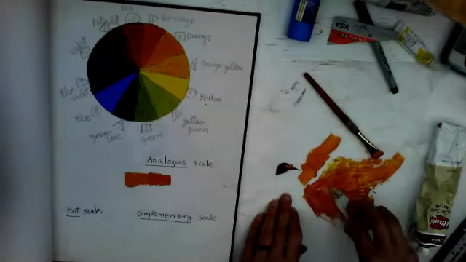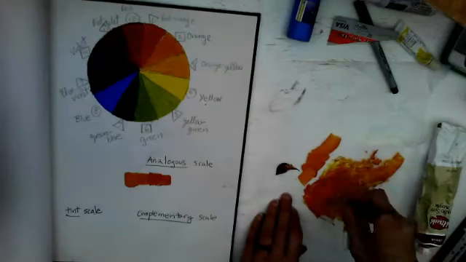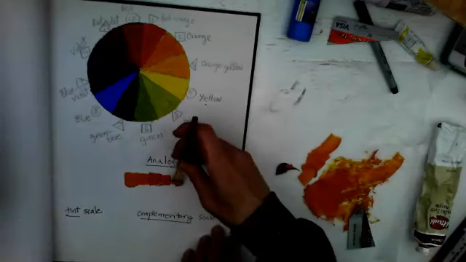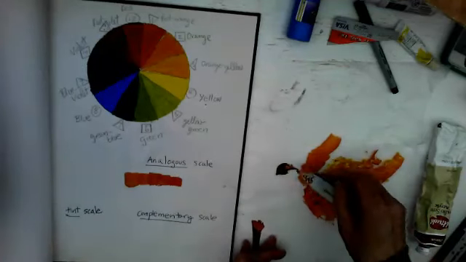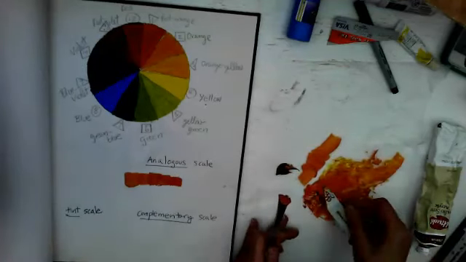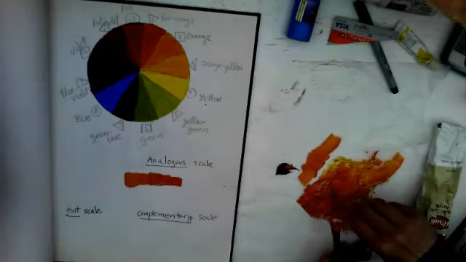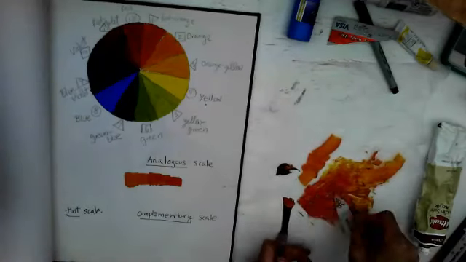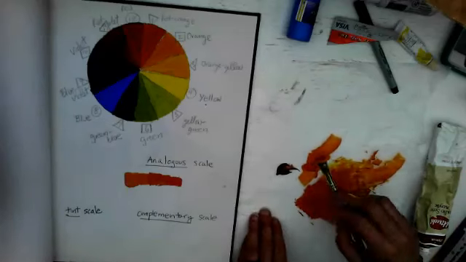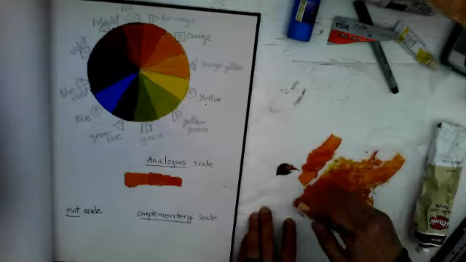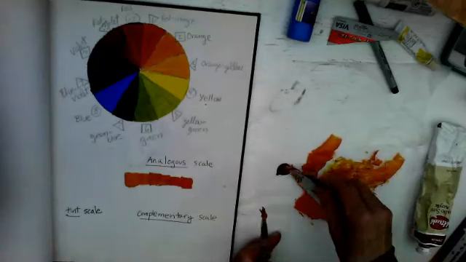I'm moving into the red-orange family over here. Now, I want to go even darker. So I'm going to put more red in there. My color is starting to spread out, so I want to push it inward. See, it's getting redder and redder.